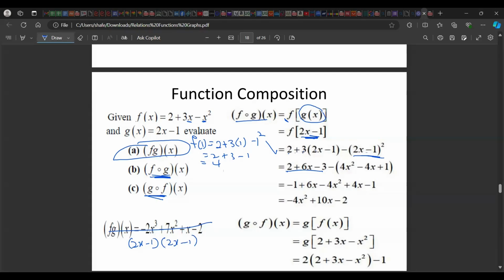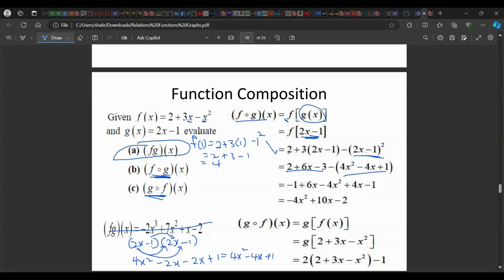So what's happening here? 2x times 2x gives you 4x squared. 2x times minus 1 gives you minus 2x. Then this minus 1 times 2x gives you minus 2x. Minus 1 times minus 1 gives you positive 1. That simplifies to 4x squared, and these two become minus 4x, plus 1, right?